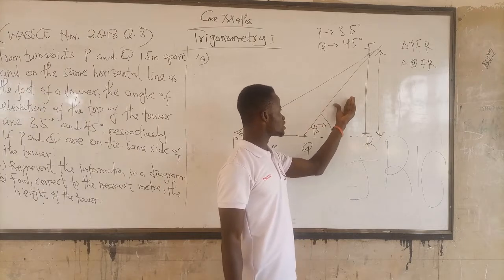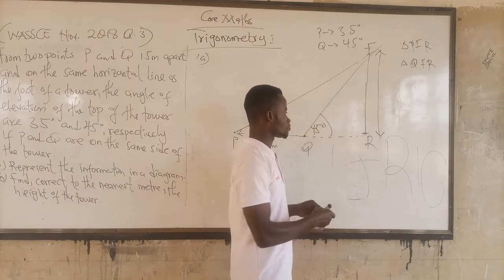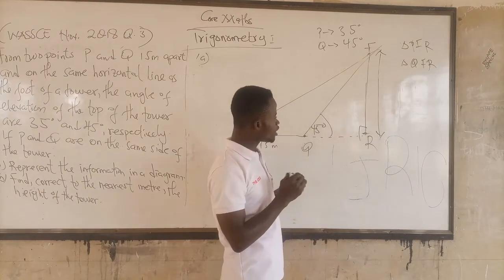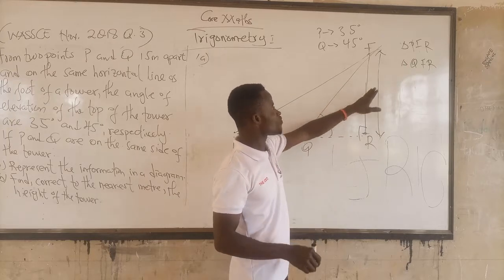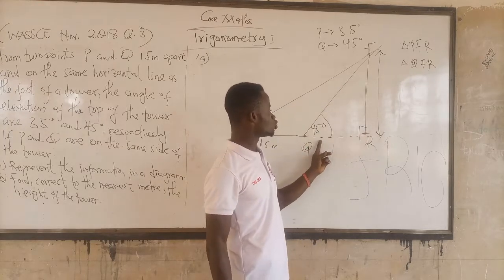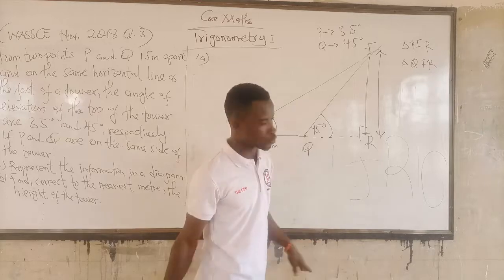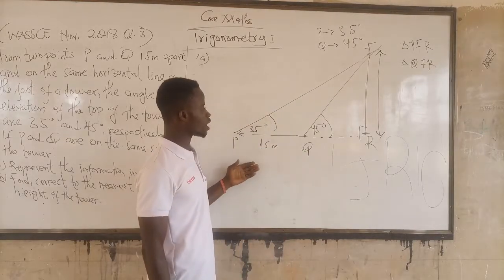Alright. So here, if you consider only this right angle triangle, you can use only this one to find the height here because two sides are unknown. The same to this one.